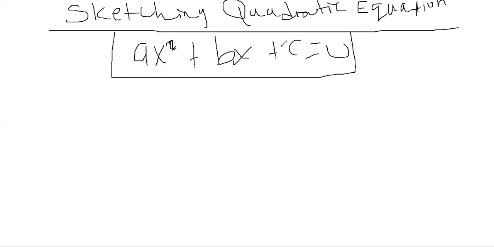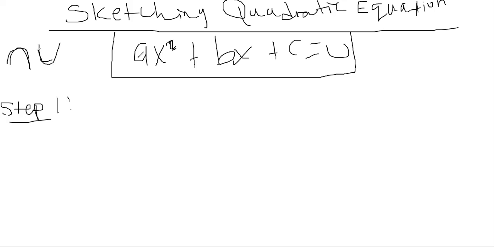So step 1, when you are asked to graph a quadratic equation, you should ask yourself, remember, quadratic equations normally are like this, or they are like this. This is a U shape, and this one is an inverted U shape.